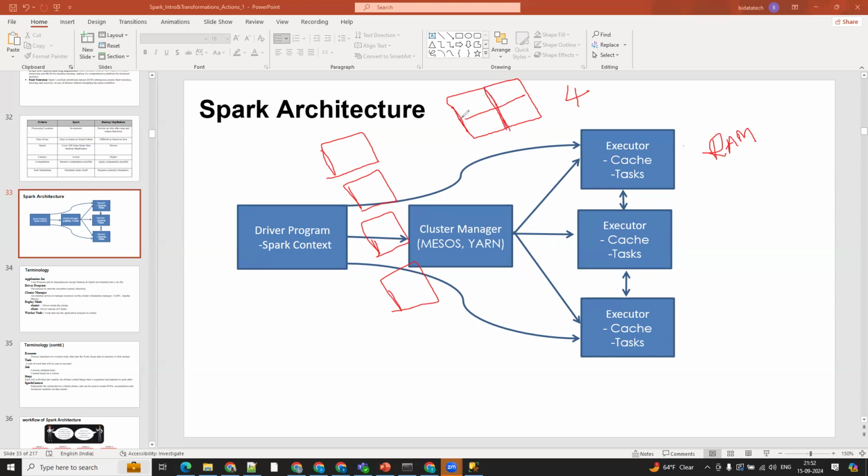Indirectly, what I'm trying to say is that one core is nothing but one thread. If it is a quad core system, your system can do 4 tasks parallelly or independently. 4 threads will be initiated in the backend. If it is octa core, that means 8 threads will be initiated. 8 processors are there indirectly in the backend. Your processor is divided into 8 parts here.